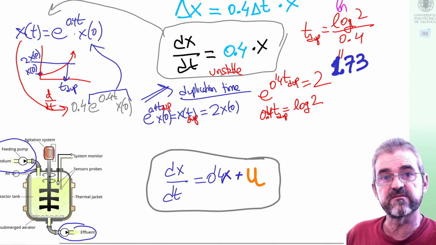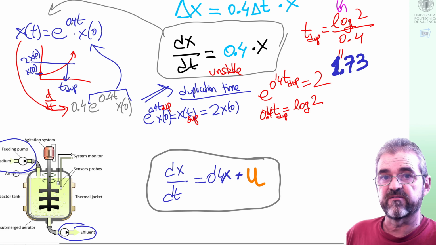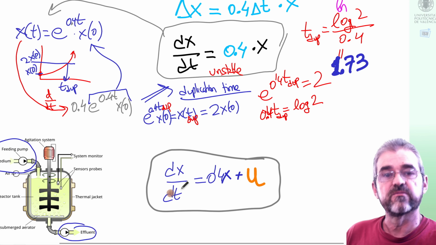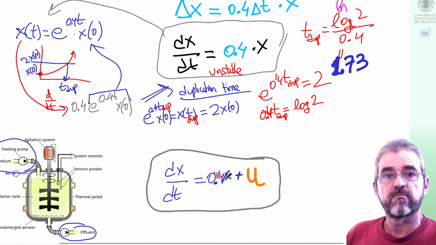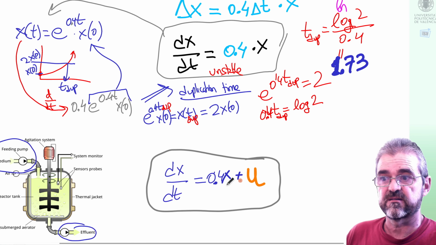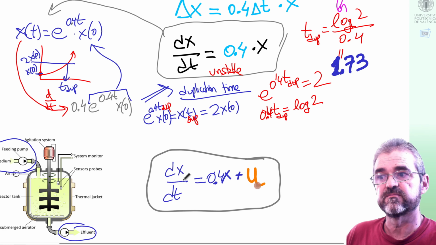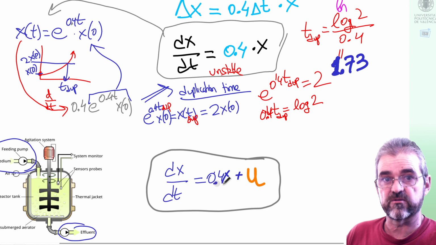I mean, if I don't do closed loop control, this is unstable, because in order to achieve zero growth, my control u must be exactly minus 0.4x, so that I cancel the natural growth of my microorganism.